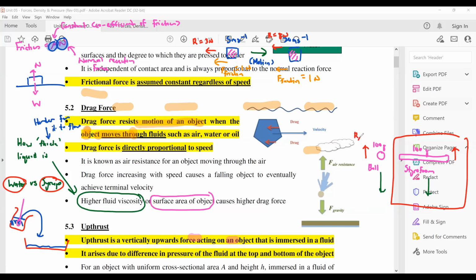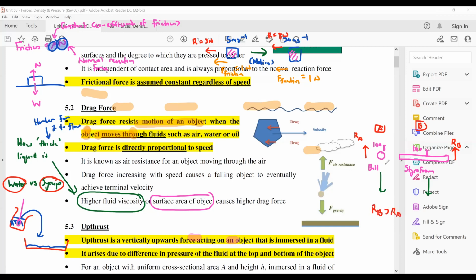If I tell you that this is RA, and I tell you that this is RB, maybe this is object A, and this is object B. We will tell you that RB is actually more than RA.